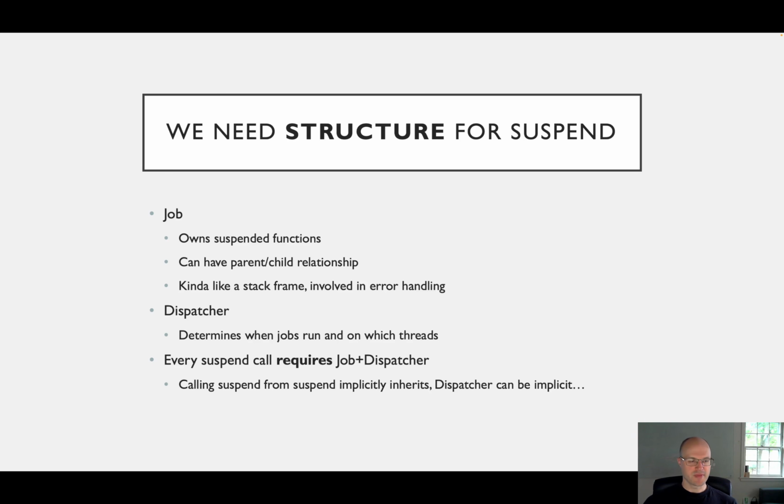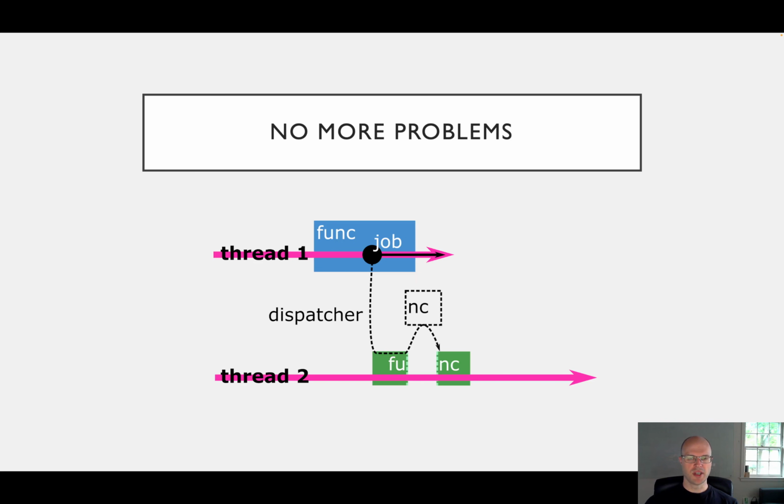So it's confusing if you're unfamiliar, because it can look magical how these things are happening. But once you understand, it's actually quite clear how this stuff is getting structured under the hood. So let's dive into a little more detail about how these pieces work and why they solve our problems.